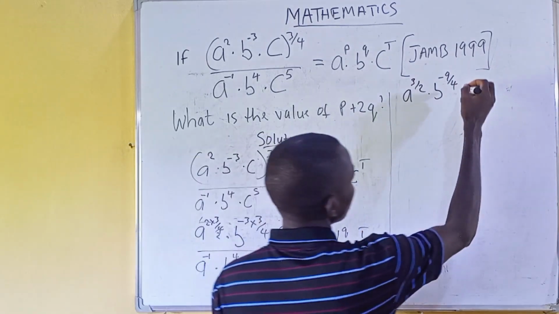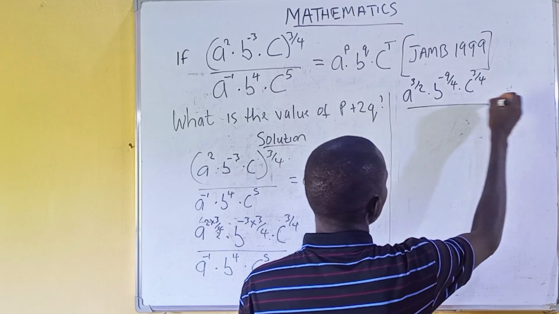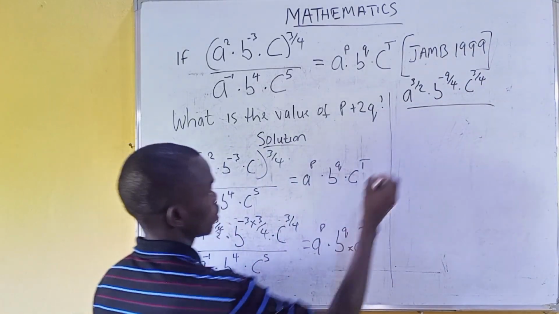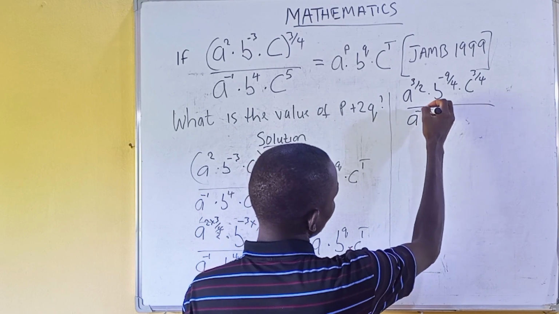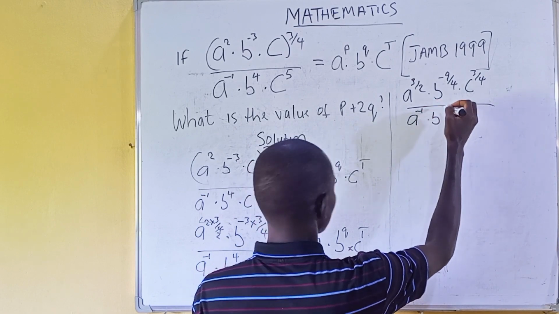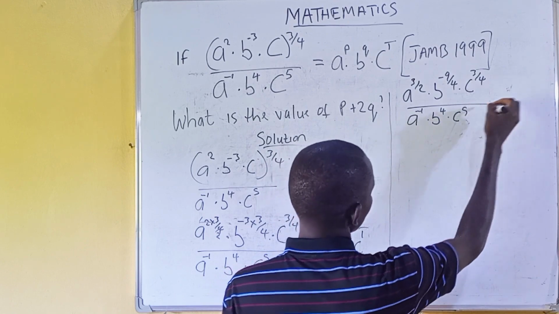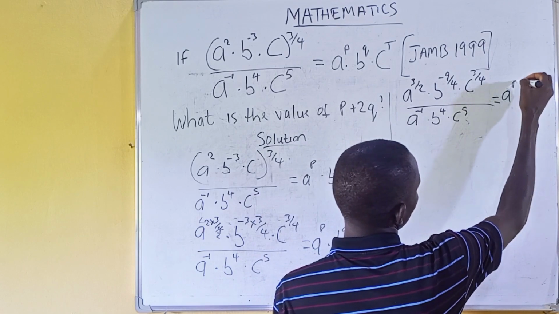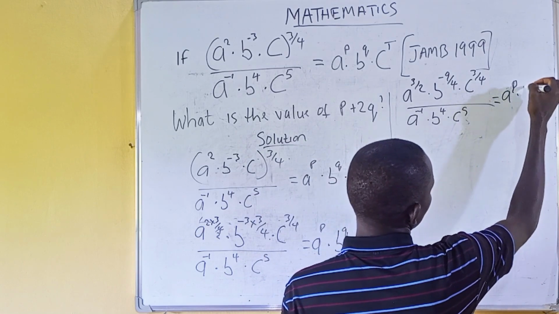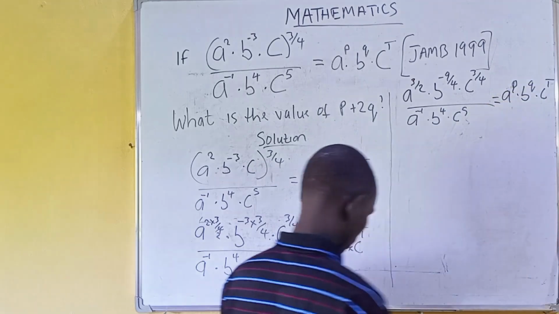Then c will now be c^(3/4), all over the denominator, a^-1, b^-4, and c^5, which is equal to a^p b^q c^t.